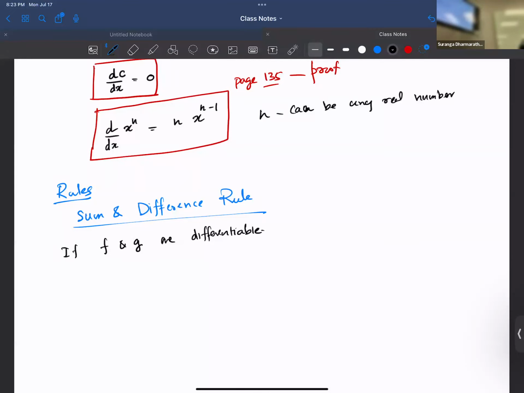Can you click the notebook and see what is differentiable? It's at the beginning of 3.2.